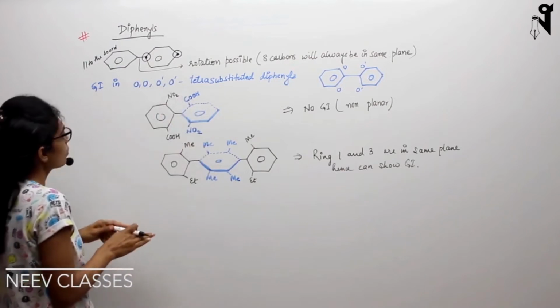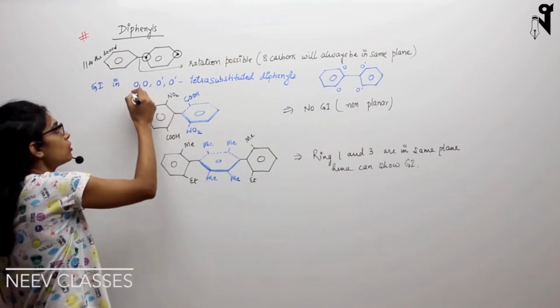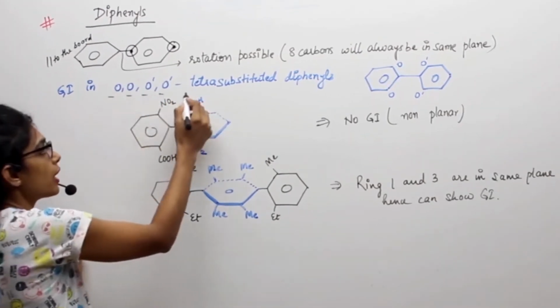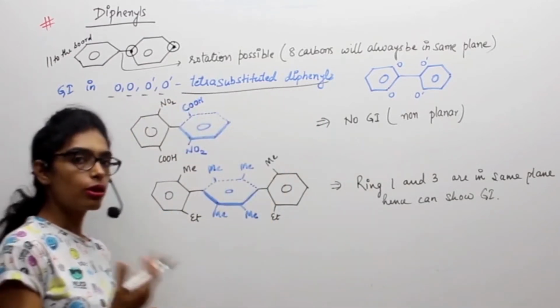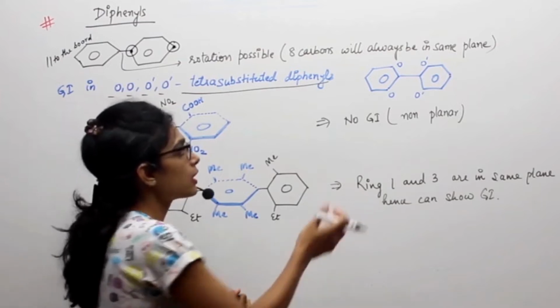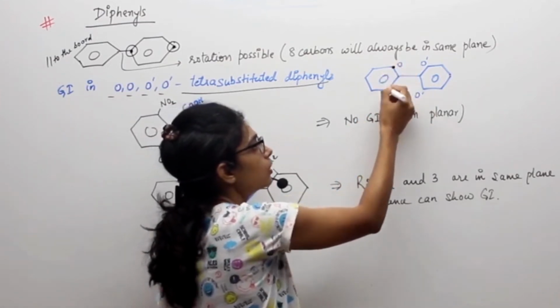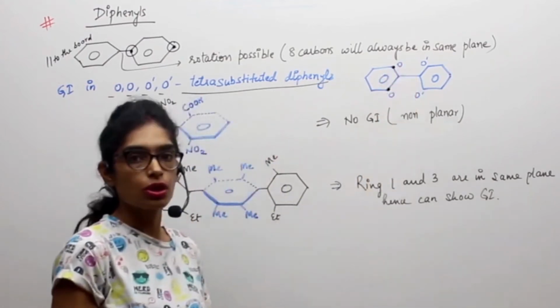Now how are we going to understand the geometrical isomerism in biphenyls? We are going to take a specific case of ortho dash tetra substituted biphenyl. Now what is ortho dash tetra substituted biphenyl? Any attachment which will be present over here, these are the ortho positions. Ortho position is which position?